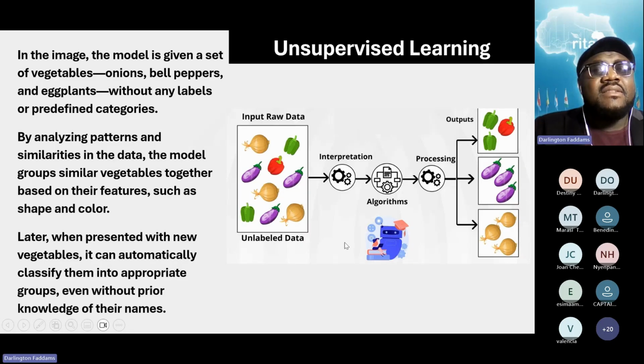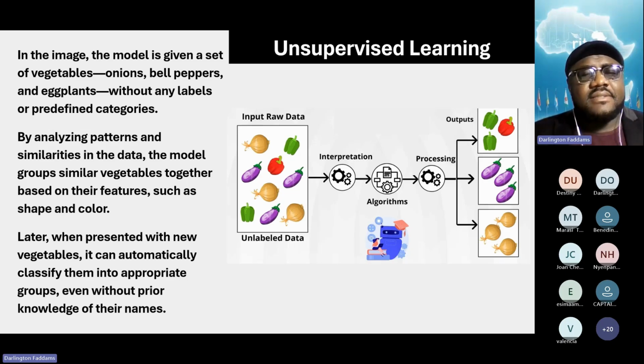So in the image, the model is given a set of vegetables, onion, bell pepper, and eggplant, without any labels or predefined categories. By analyzing hidden patterns, relationships or similarities in the data, the model is able to group, please type group in the chat for me, similar vegetables together based on their features, such as the shape, the color, or any pattern it was able to find on its own.